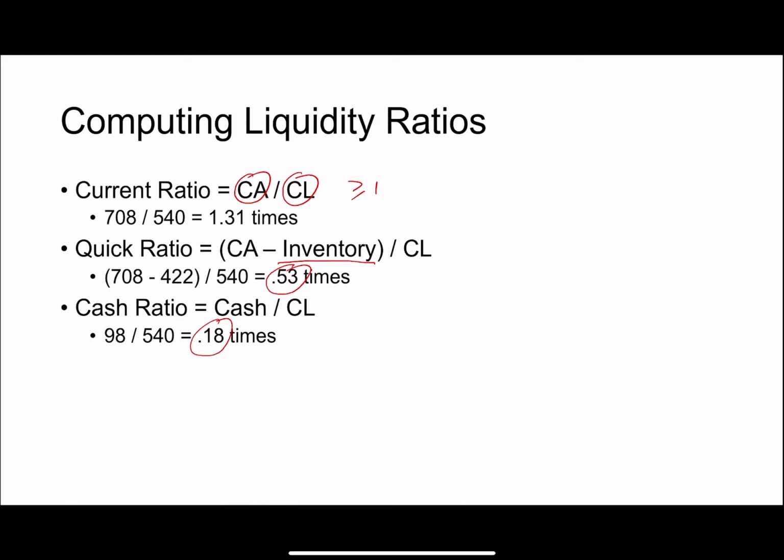It's expected to be relatively low because companies try not to maintain a lot of cash. As long as they have enough cash and accounts receivable, and maybe inventories if inventories are liquid, they should be okay. Having too much cash means sacrificing opportunities because you will not be able to make money on it.